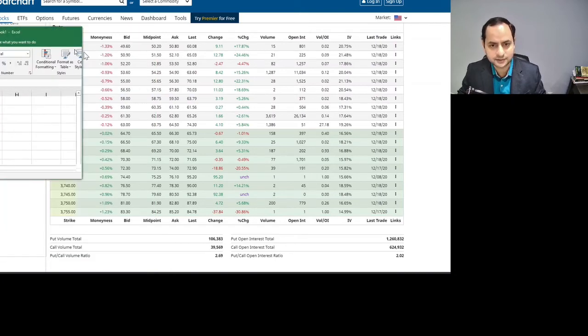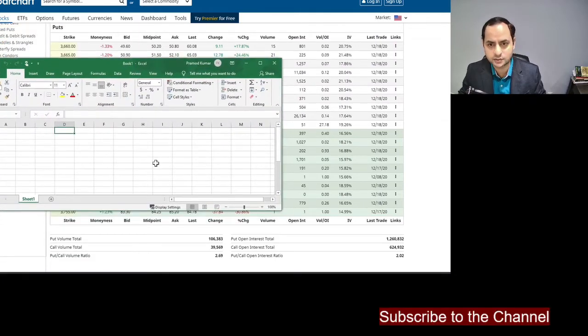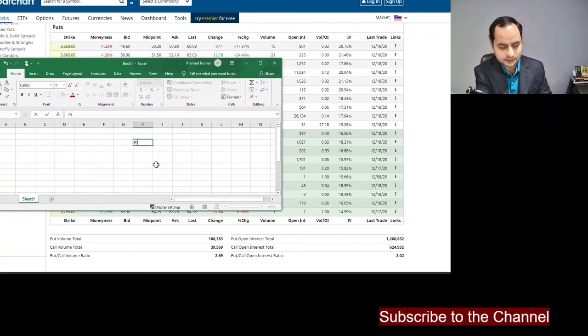So this is the put open interest, and this is the call open interest, right? As we can see, we have 1260, 832, 624, and 932.